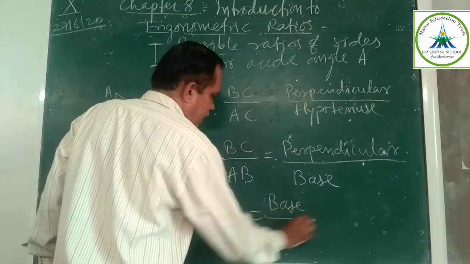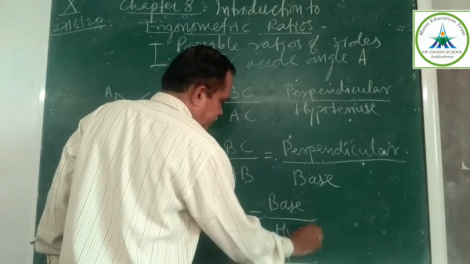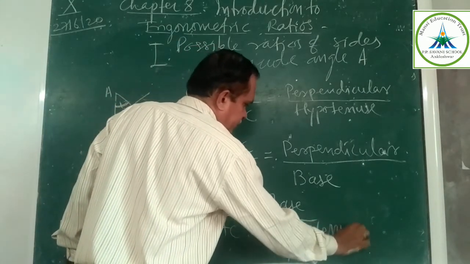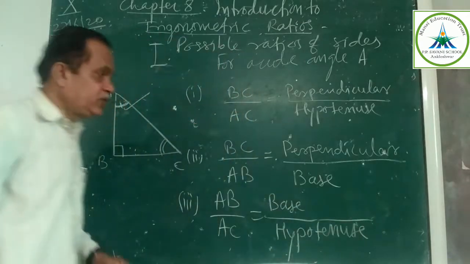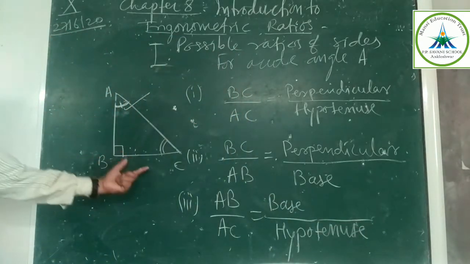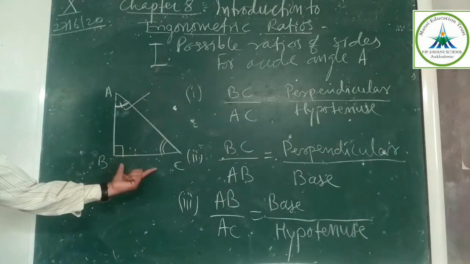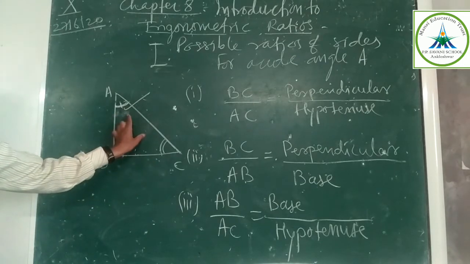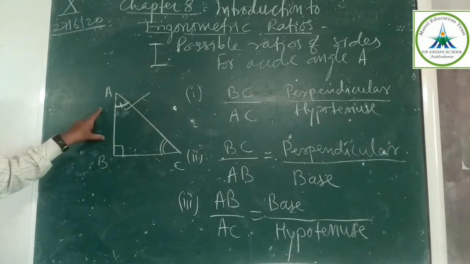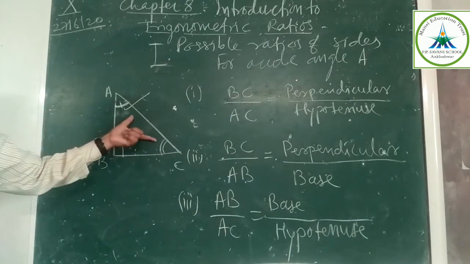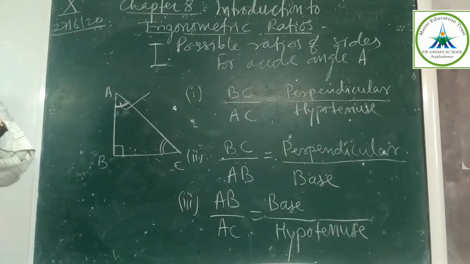Base upon hypotenuse. See now, for each acute angle, these three ratios are possible: BC upon AC, BC upon AB, AB upon AC. We made these three ratios as the main ratios.